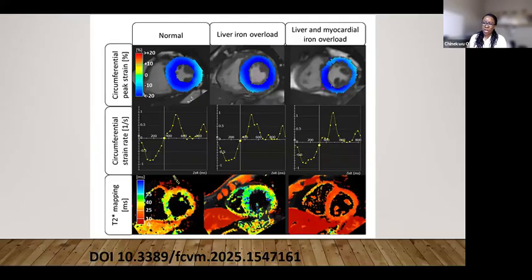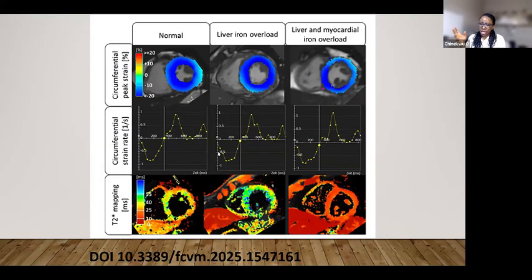It shortens the time such that, in a patient with iron overload, we can see that the times are lower. The times are low, and usually if you have a T2 star time of 10 milliseconds or less, then you have severe myocardial iron overload.